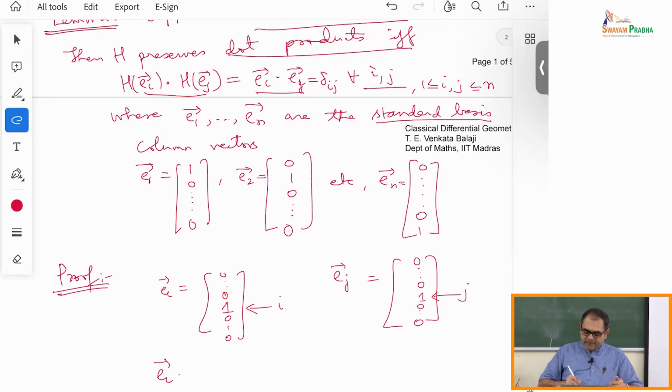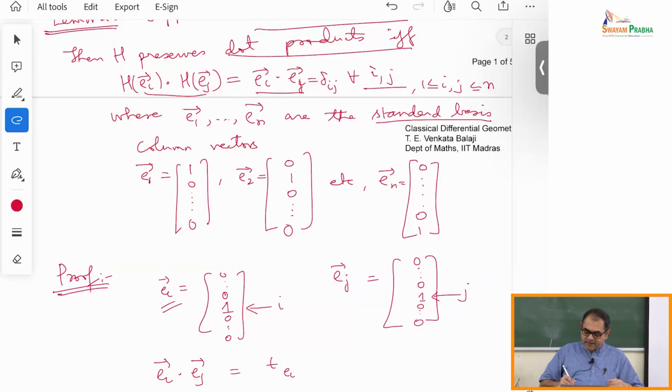What is ei dot ej? How do you write this ei dot ej as a dot product? If you want to write it in terms of column vectors, you have to take the corresponding entries in ei and multiply with the corresponding entries in ej, and then add up. But you can see this as matrix multiplication. If you think of ei as a matrix, this is actually transpose ei times ej.